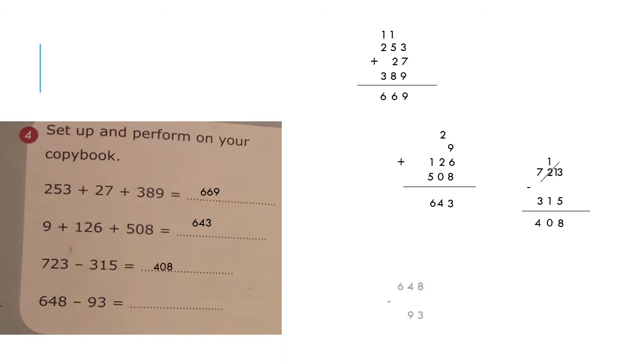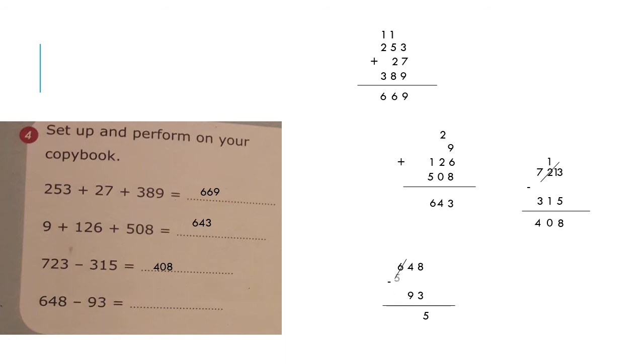408. Now another subtraction, 648 minus 93, the ones under the ones, the tens under the tens. Okay, 8 minus 3, put 8 in your mind, go backwards 3 digits. 8 in my mind, 7, 6, 5. 4 minus 9, 4 is smaller than 9, I cannot do it.